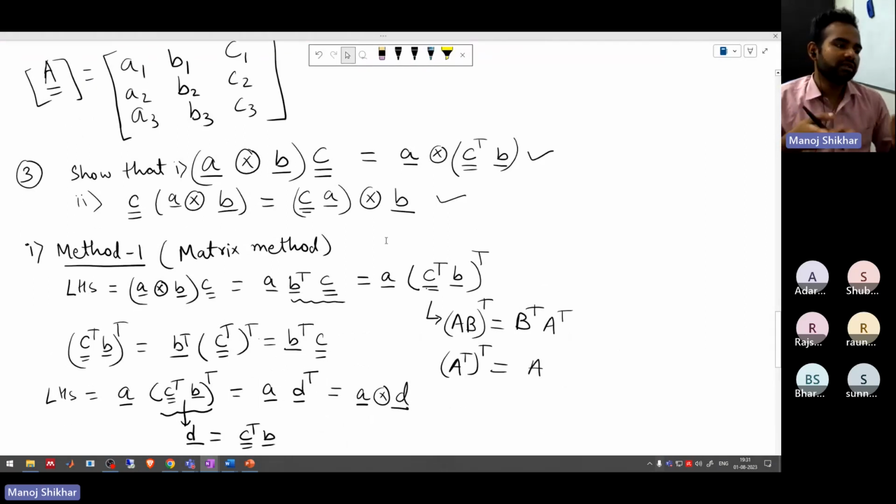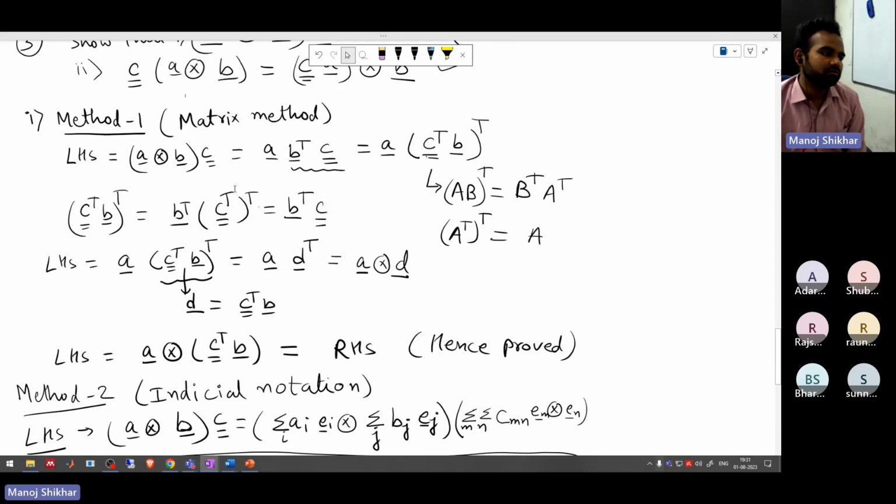You can also look at my solution, which I have already shown you; a similar pattern will be followed. You will replace this A dyadic B by something like A into B transpose, and then we will move on to the solution. So I will give you 5 minutes of break. I will also come back in 5 minutes.